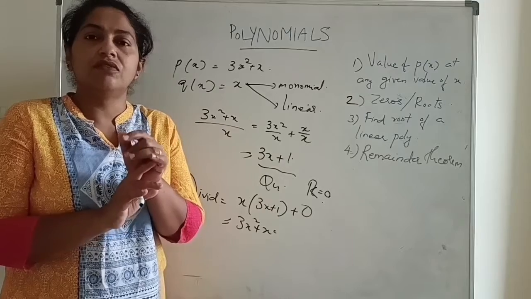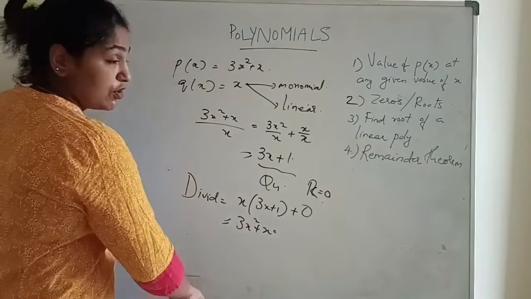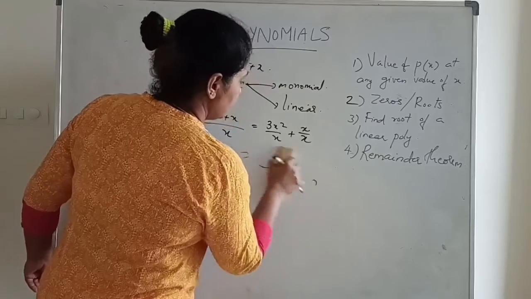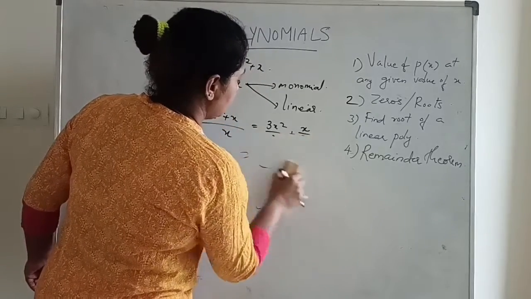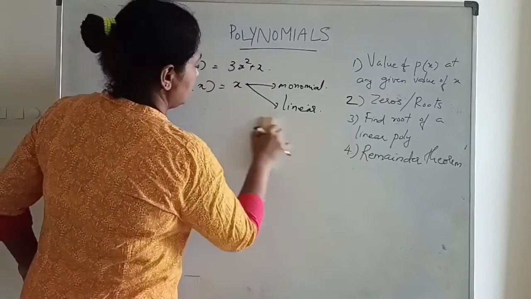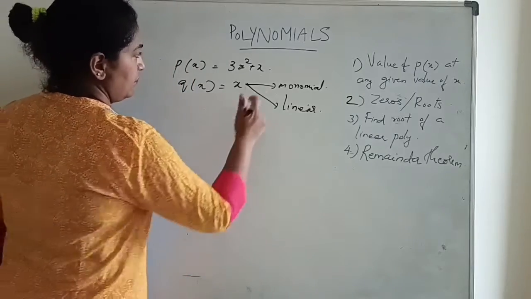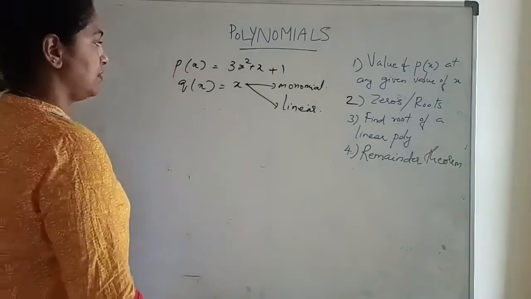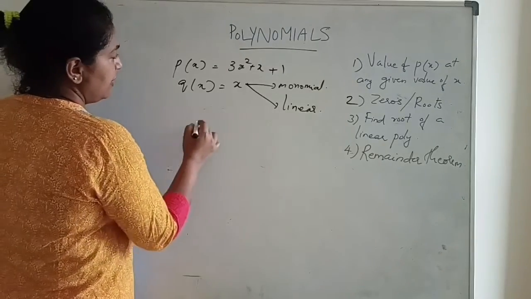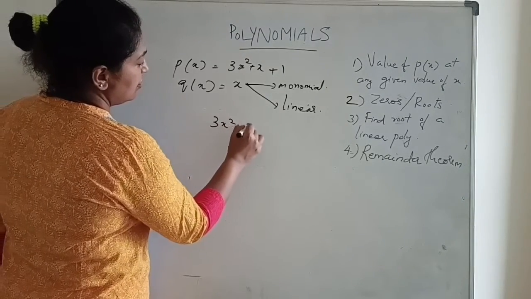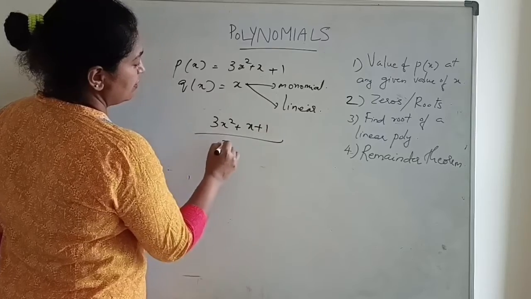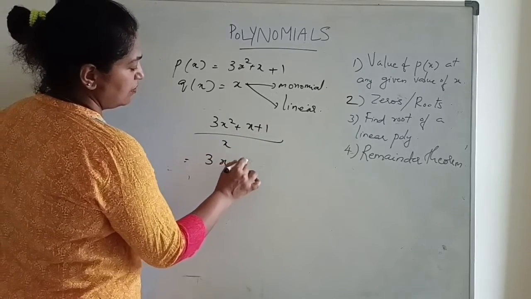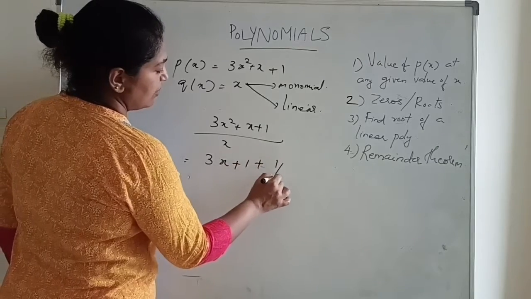Let us take a condition when the remainder is not 0 for the polynomial here: 3x square plus x plus 1. When I am dividing, what is it that you are doing? Each term: 3x plus 1 plus 1 by x.